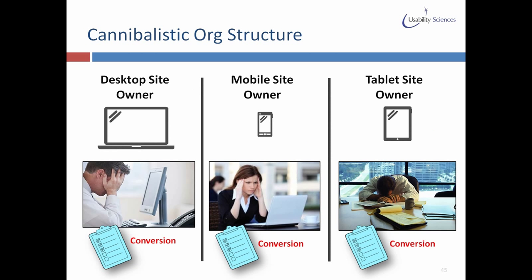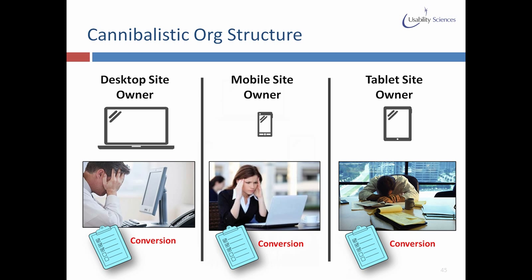The reason we stress this point is because here at Usability Sciences, a lot of our clients come to us and share their internal structure in which there are different individuals in charge of the desktop website versus the mobile website or app versus the tablet app or website. Each of these groups is held to its own set of evaluation metrics, often with conversion on that list.